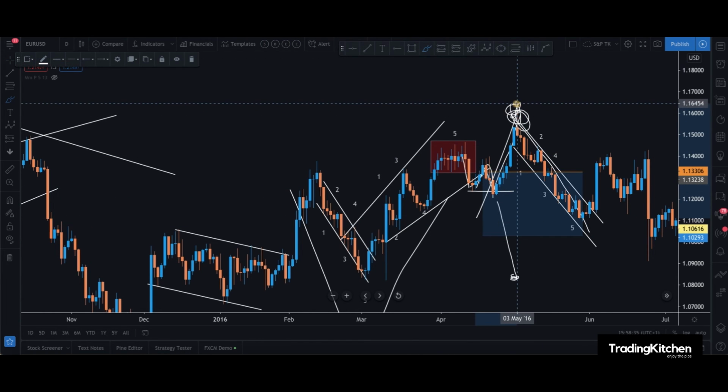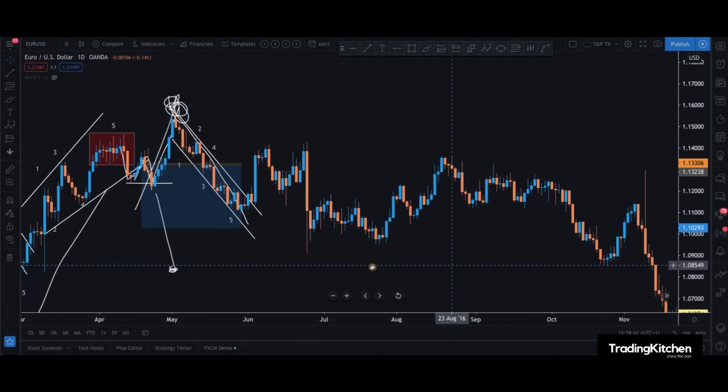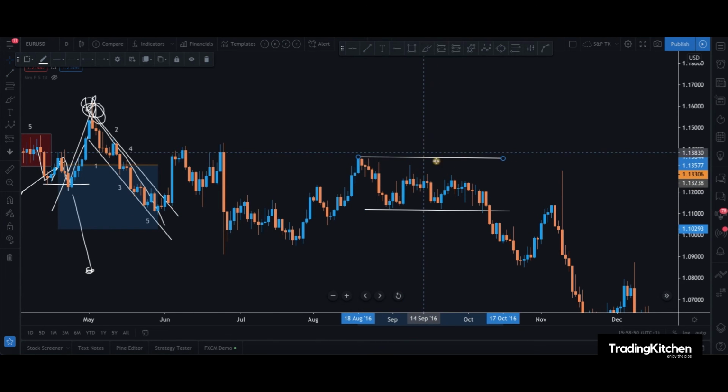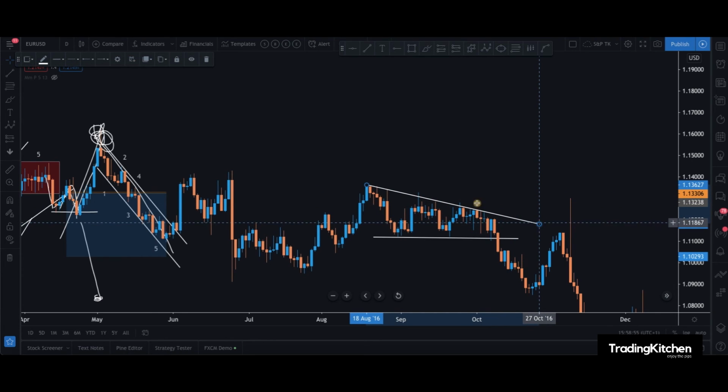Okay, impulse up, channel down, 0, 1, 2, 3, 4 and 5 as well. This will be good as well. This is a triangle.